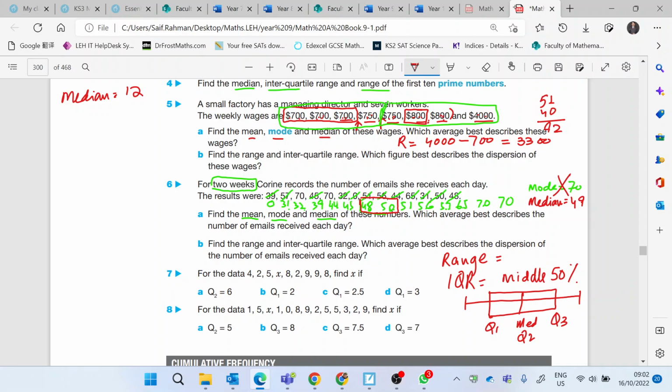If the 50% values go towards the right extreme or left extreme, this box will move towards the left or towards the right. That shows that the data is skewed towards the right side or the left side, towards the higher side or the middle side. So that is a measure.